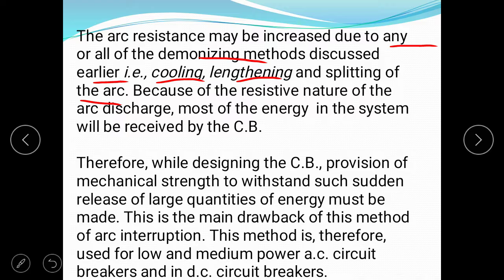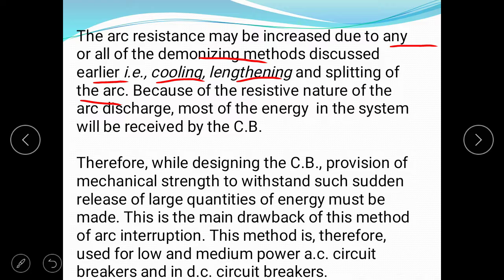Cooling means we have to provide cooling between the contacts of circuit breaker, which is possible by providing cool air between the contacts of circuit breaker.